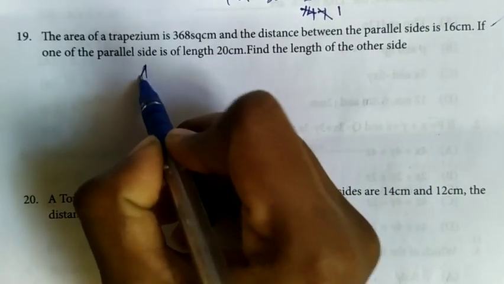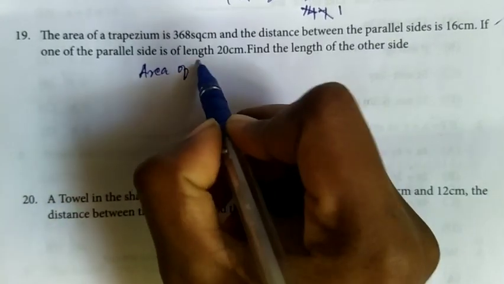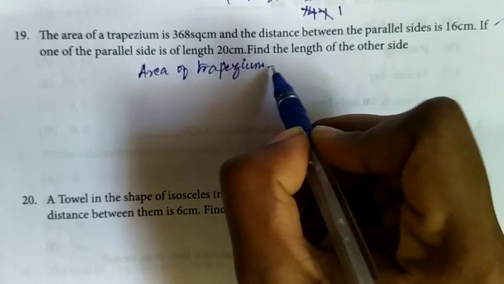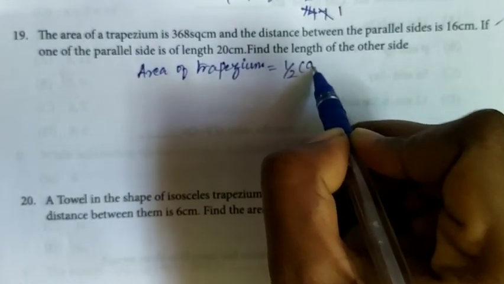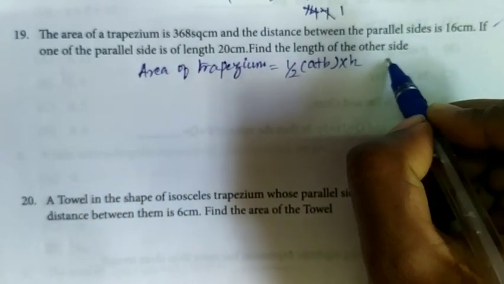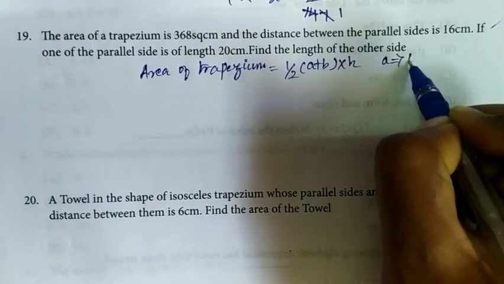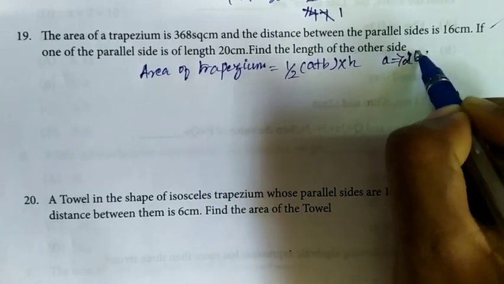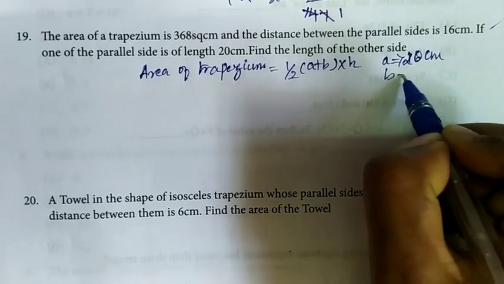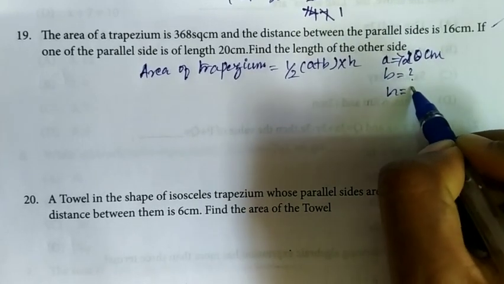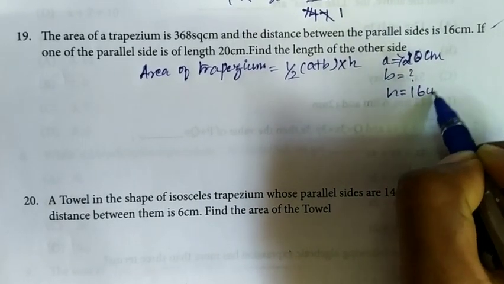So area of trapezium is equal to half into a plus b into h. They given the value of a, that is 20 centimeter. We need to find what is b, and they given the height as 16 centimeter.